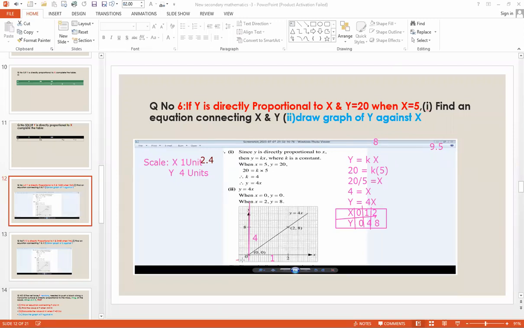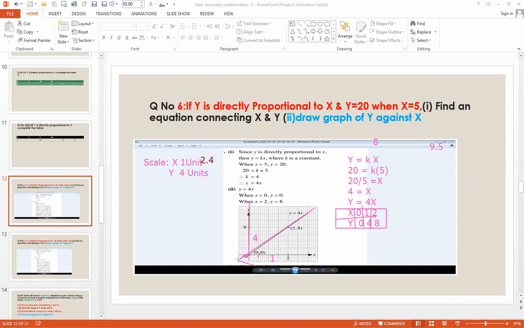Draw a graph passing through the origin. Oh, this one is again the pink color. Okay, I have to change the color. Just give me a second. Okay.